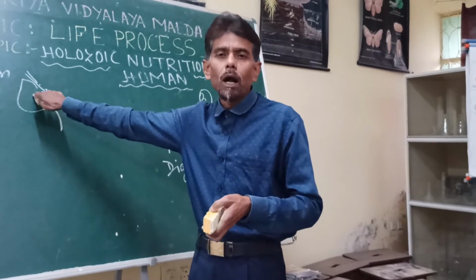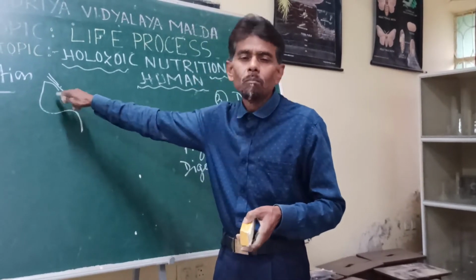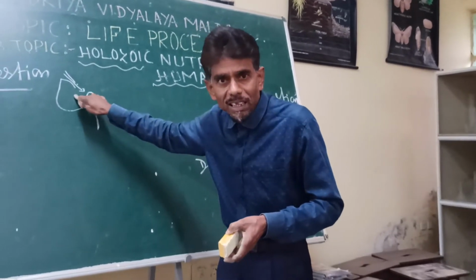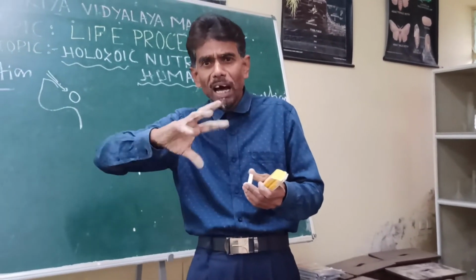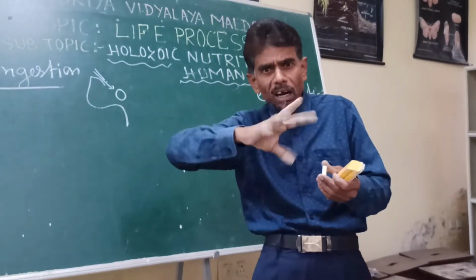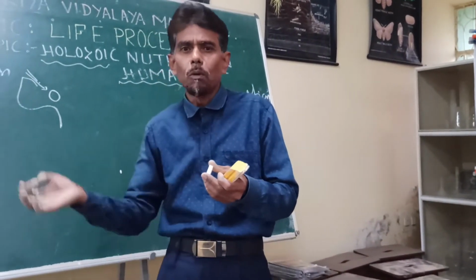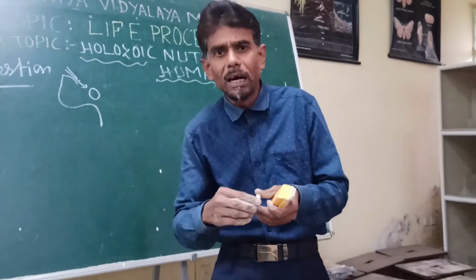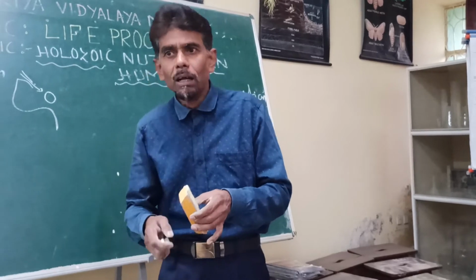This first part of physical digestion takes place within our mouth cavity with the help of teeth, and the tongue functions to turn the food so that bigger particles can go down and smaller particles come up, and vice versa, and teeth get a chance to grind the bigger particles.